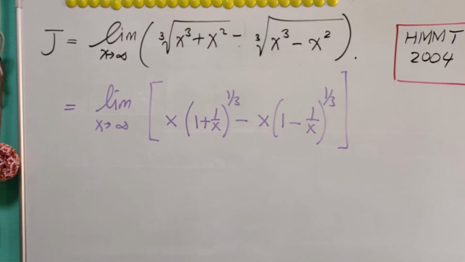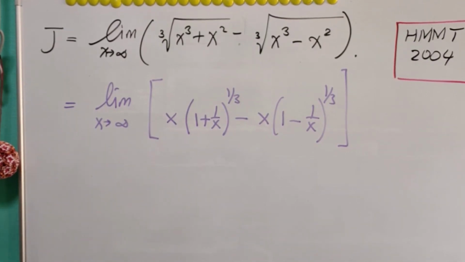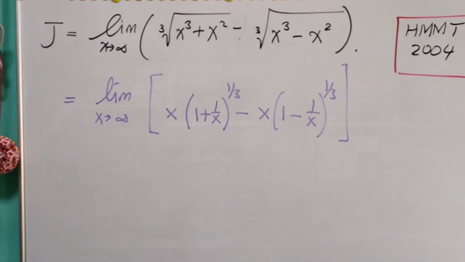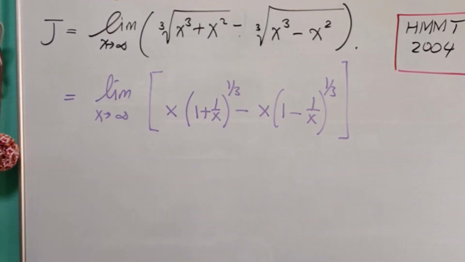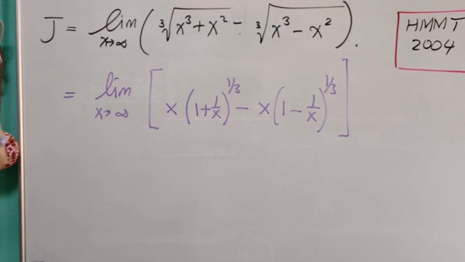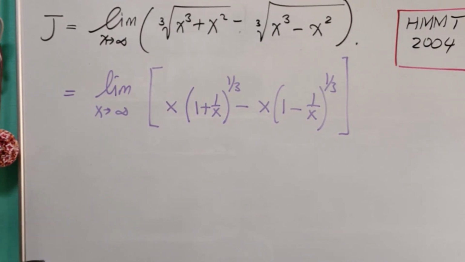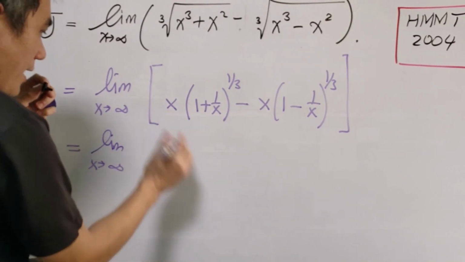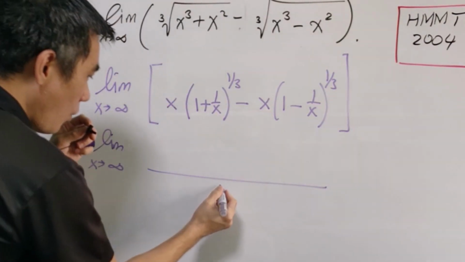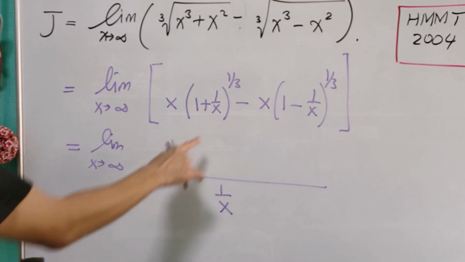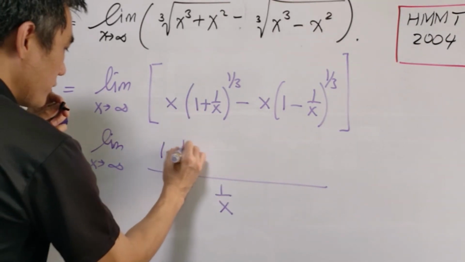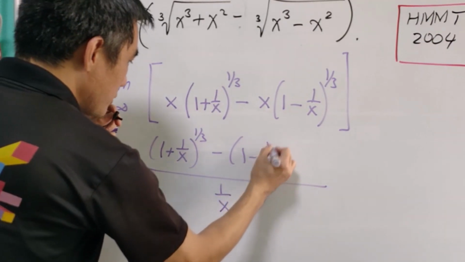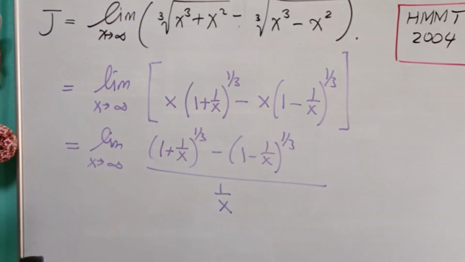Now, when you want to use L'Hopital's rule, we should have a fraction of the form 0 over 0 or infinity over infinity. We still do not obtain the form, so we need to do some modification. Now, I will factorize the x, and I'll write x as 1 over 1 over x. And for this, (1 plus 1 over x) to the power of 1 over 3 minus (1 minus 1 over x) to the power of 1 over 3.